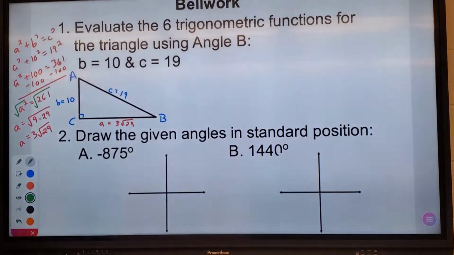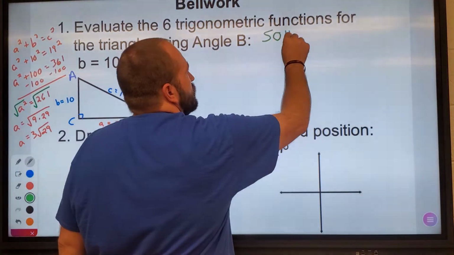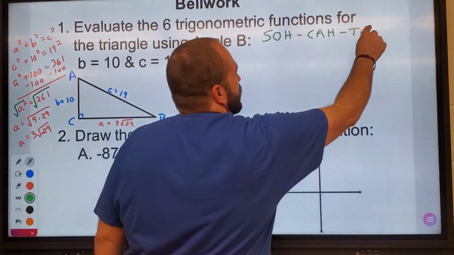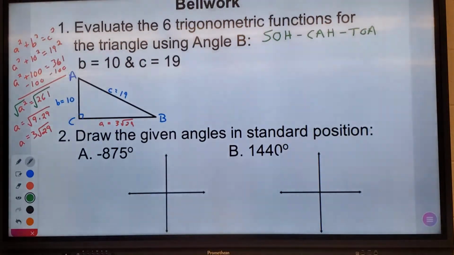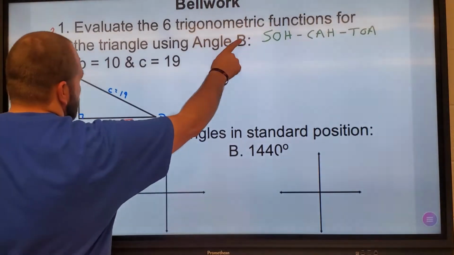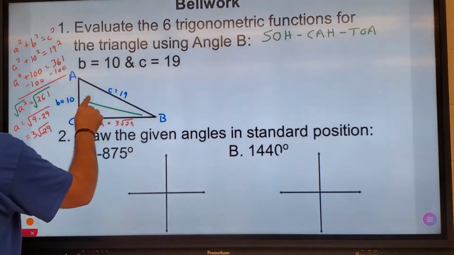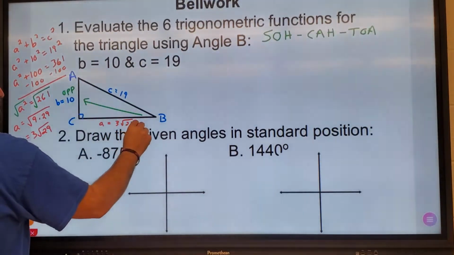Okay, and again, my suggestion for these was to write the phrase SOH CAH TOA at the top of your page, because that helps you remember what the ratios are that I'm setting up. So sine, and again, using angle B. If we're using angle B, this is my opposite side. This is now my adjacent.